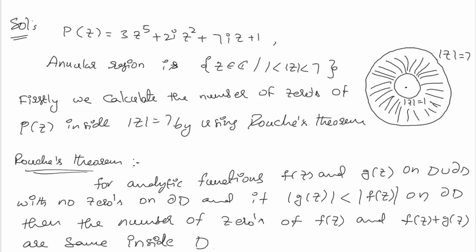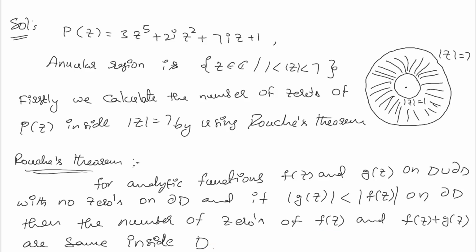If we look at Rouche's theorem statement, we can say the number of zeros of f of z and f of z plus g of z are the same inside D. So to easily calculate the number of zeros of f of z plus g of z, we should select the function f of z in such a way that we can calculate the number of zeros of f of z inside D easily.